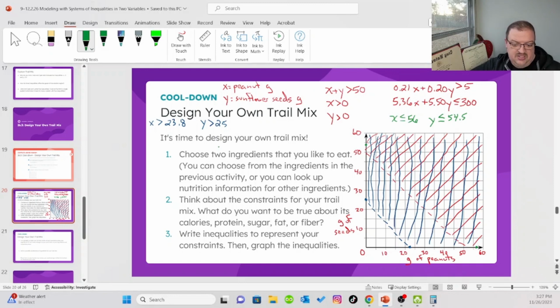And because this is less than or equal to, then that's going to be a solid line connecting them. And because I want less than, it's going to be everything below and to the left. So in this green shaded area.